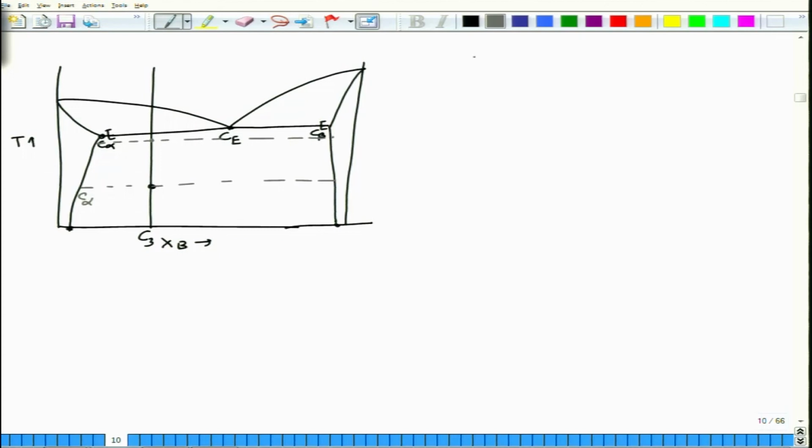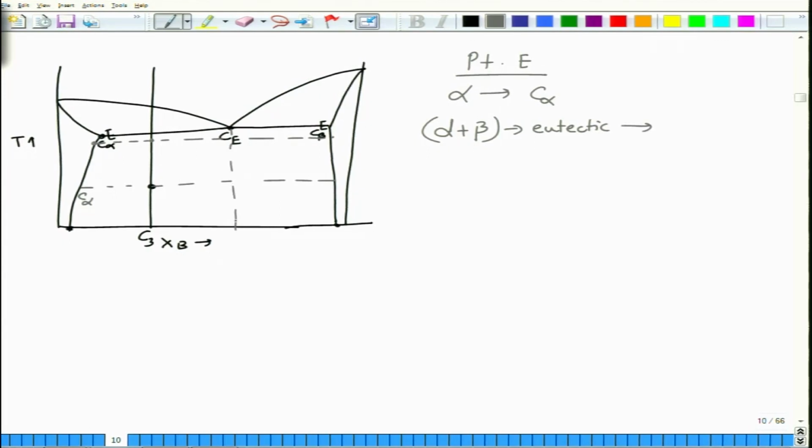At point E, you have alpha of composition C alpha, which is almost similar to the eutectic composition, and then an alpha plus beta mixture, which is the eutectic mixture of composition CE.